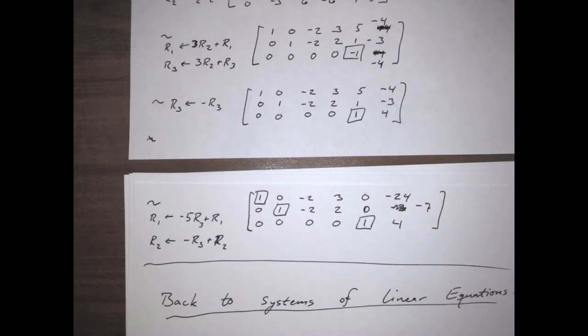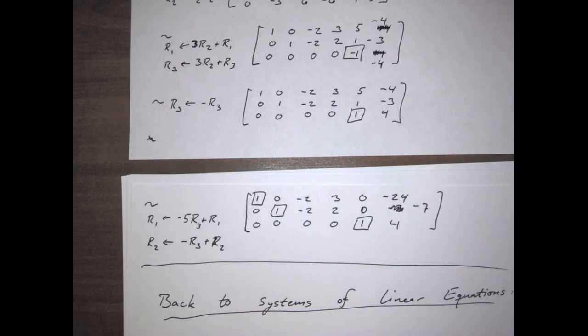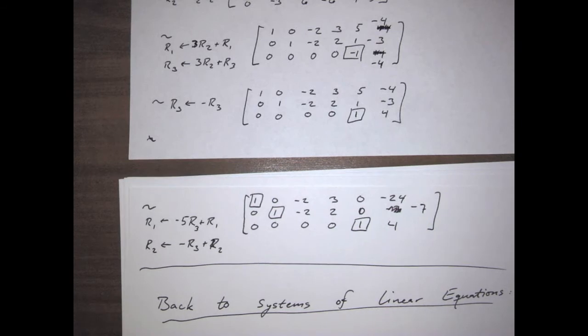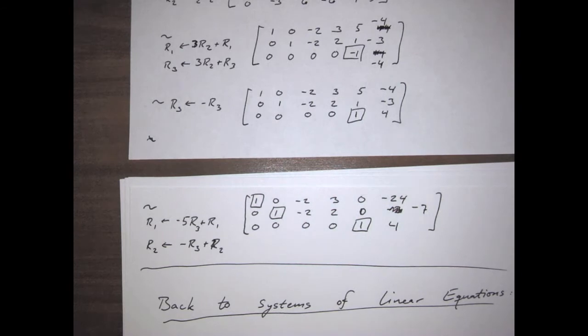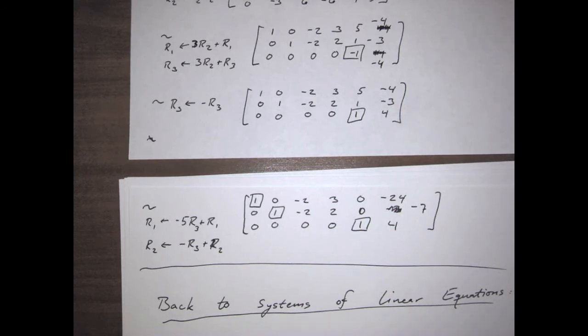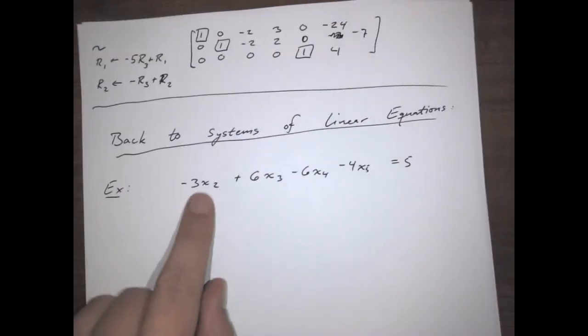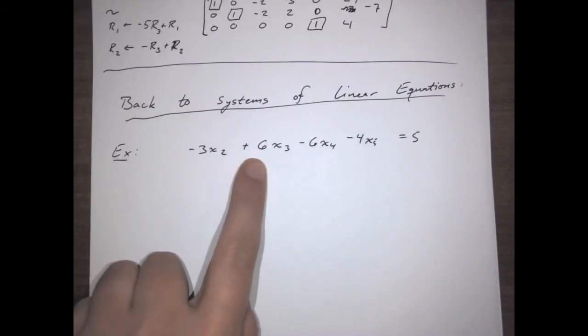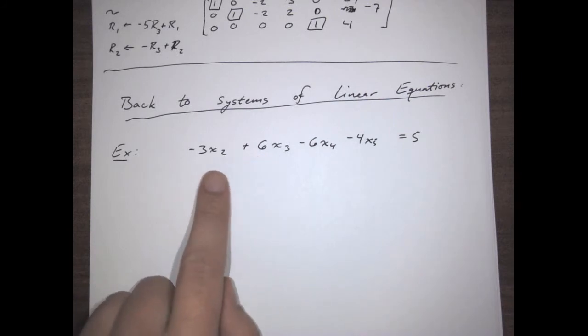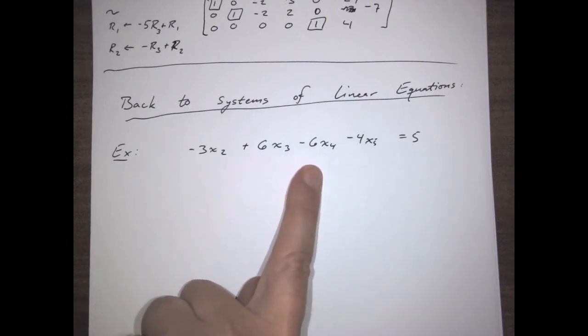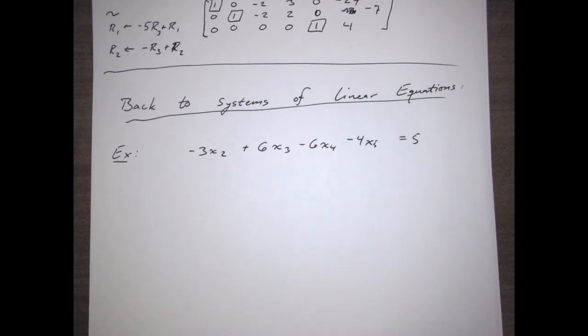Negative 3x2 plus 6x3 minus 6x4 minus 4x5 equals 5. So that's the first equation. Sorry, it's a little off screen there.